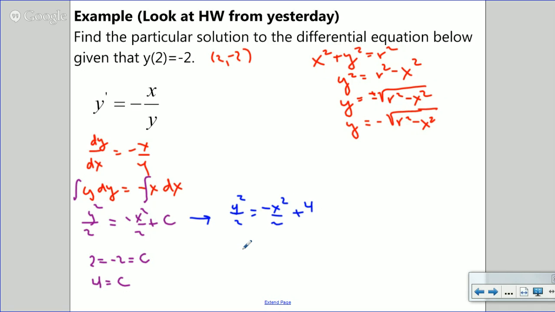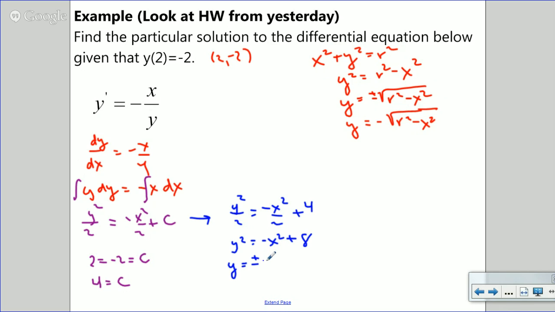I want to solve for y, so what's the first thing you do? Well, my only y is already on the left side, so let's get rid of this 2. Let's multiply both sides by 2. So I get y squared equals negative x squared plus 8, right? And now what?